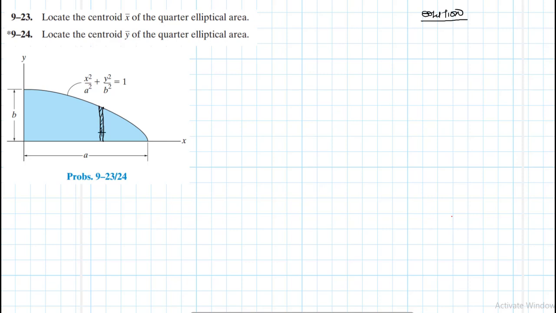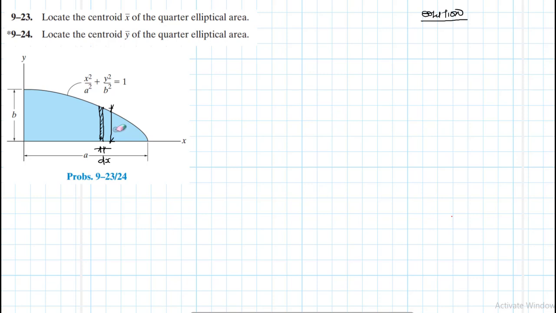It has a very small thickness we are calling dx, and its height is y. It's being controlled by the function y.